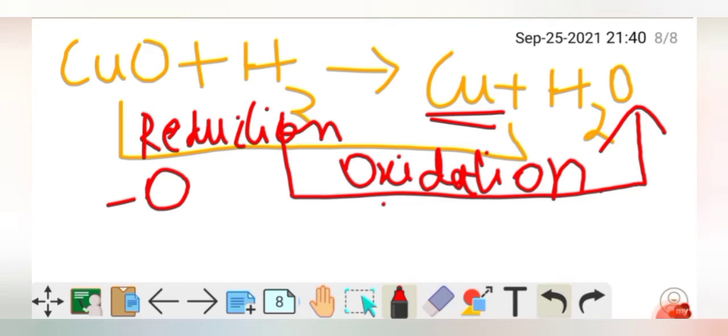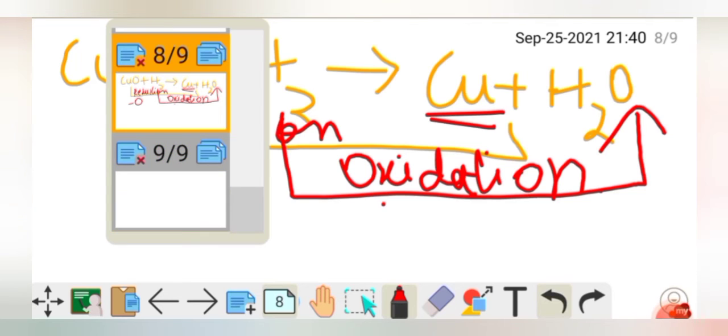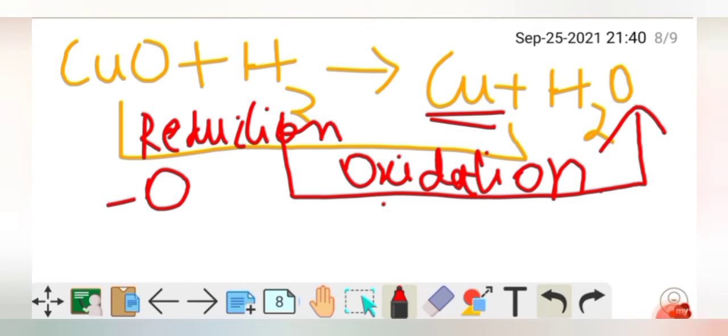A substance which helps in the oxidation of another substance.